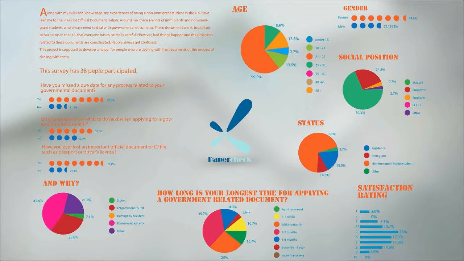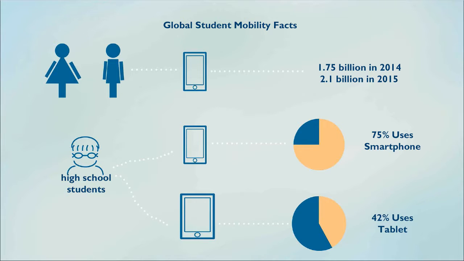This is my first period of user research. As you can see, international students, the young people, are the biggest part who need this project. As for the platform of the project, I have done research related to the students and the mobile phone.